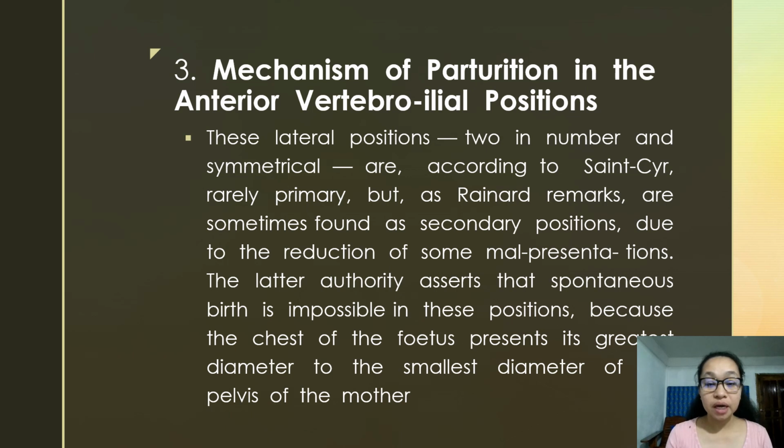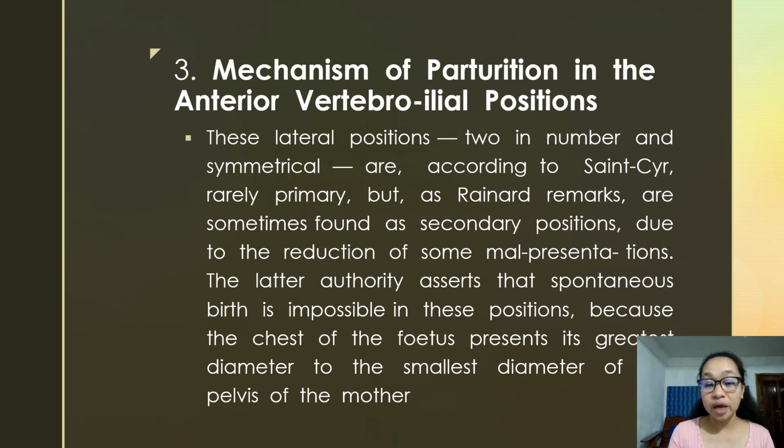The next is the mechanism of parturition in the anterior vertebroiliac position. These lateral positions are two in number and symmetrical, and according to the research conducted by Saint Cyr, this is rarely primary.